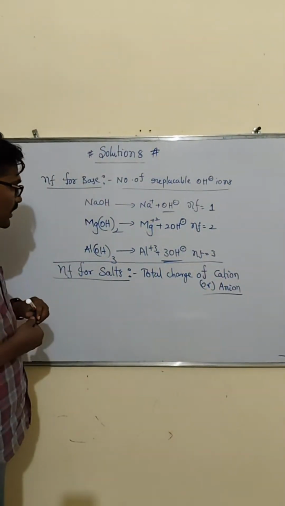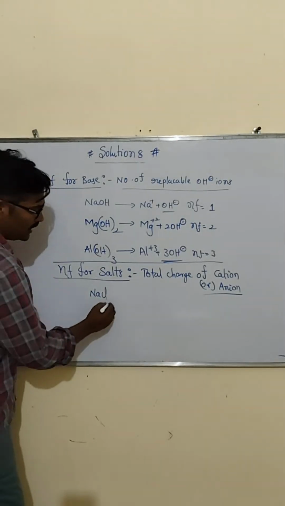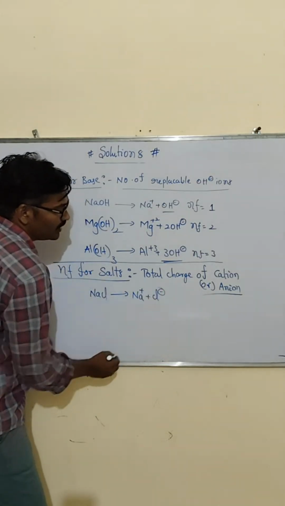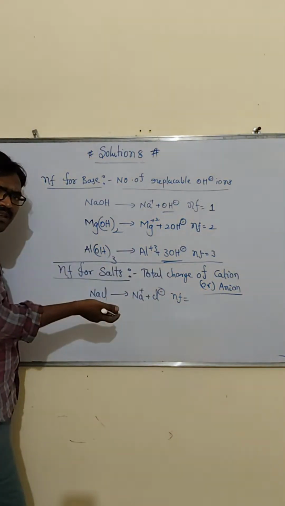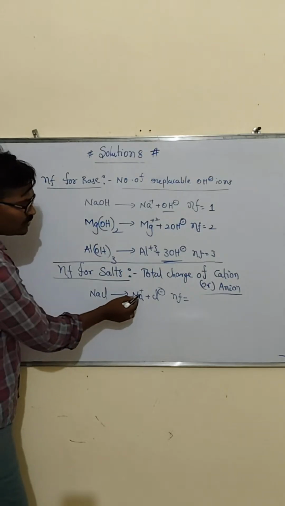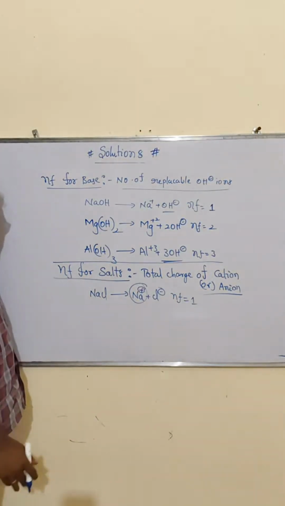So for example, if I take NaCl, it is one of the salts, right? It can be dissociated into Na plus and Cl minus. So n factor, what I told, is the total charge of cation or anion, either one, not both added together. So charge of cation for this is 1. So the magnitude of the charge you have to take.